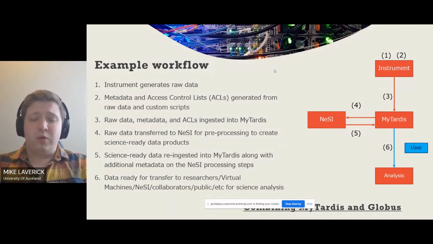And then we want the user, with a click of a button, to be able to request their data goes directly to one machine. So we want to cut out all of these intermediate transfer steps and streamline the process. That's simple. You just combine MyTardis and Globus. Done.